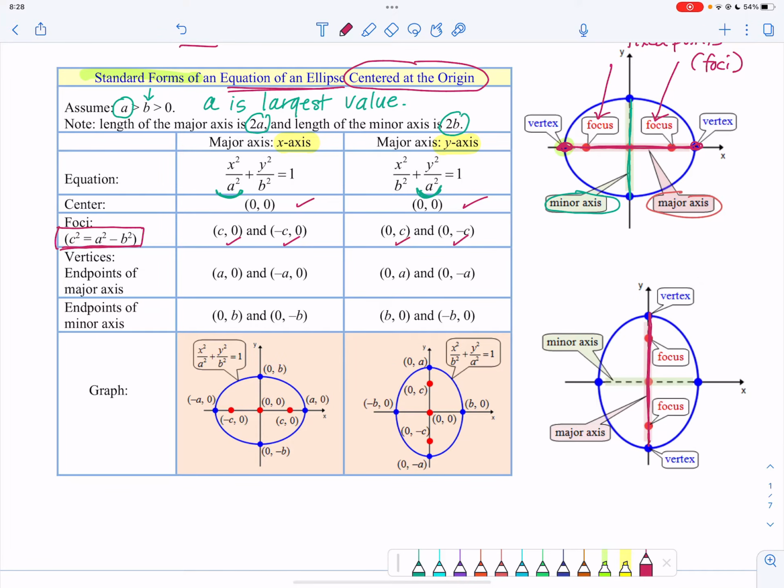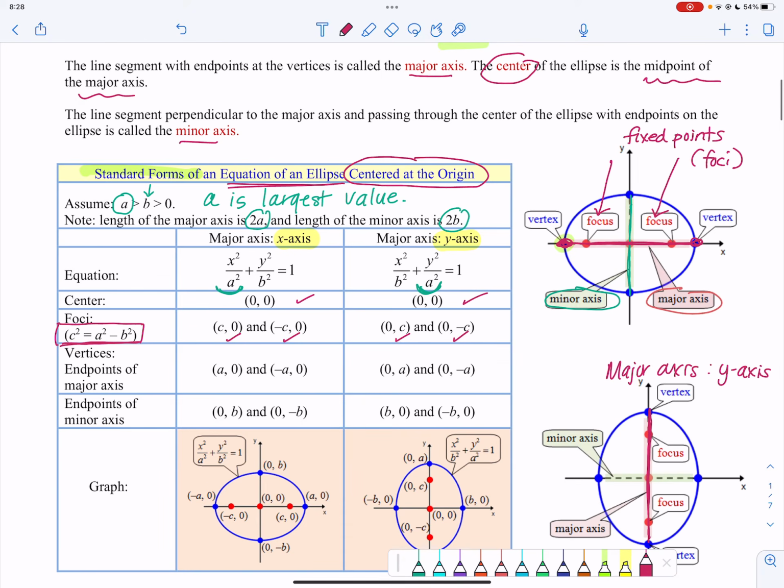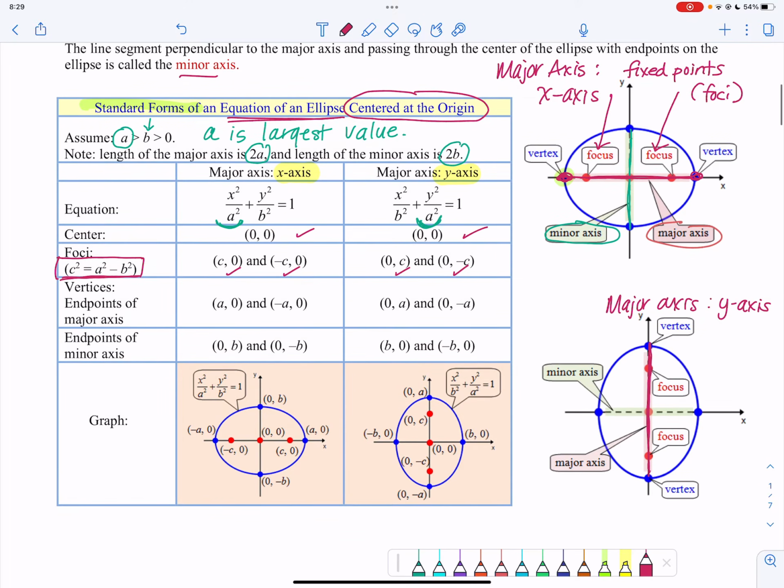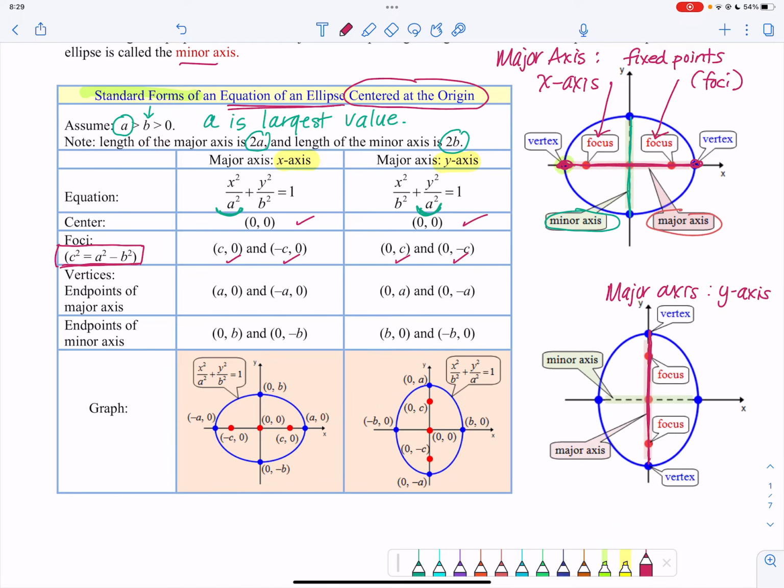And there's the y-axis, so this major axis is the y-axis. And here, our major axis is the x-axis. Okay, so here are our vertices, which are the endpoints of the major axis.